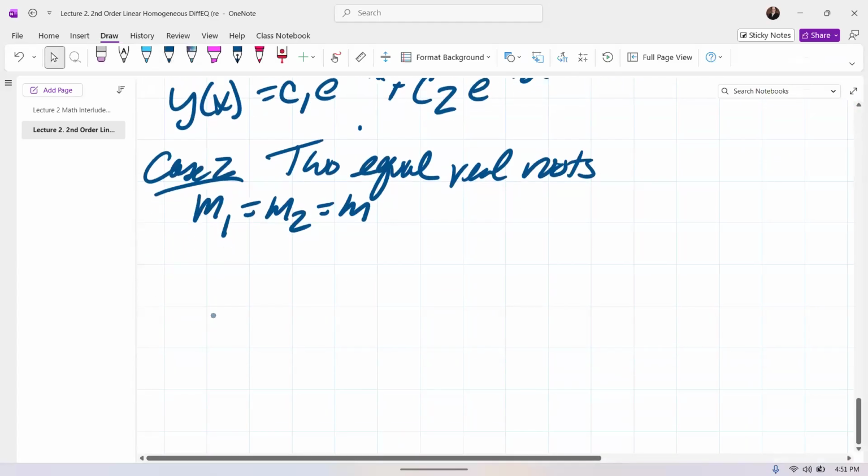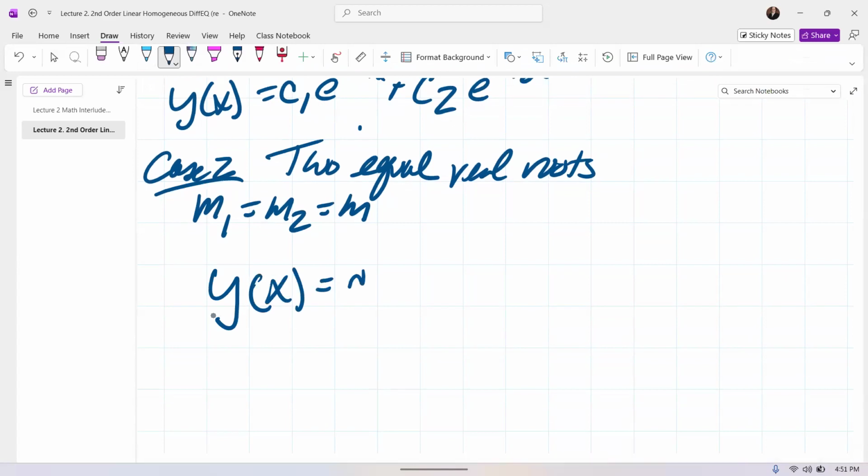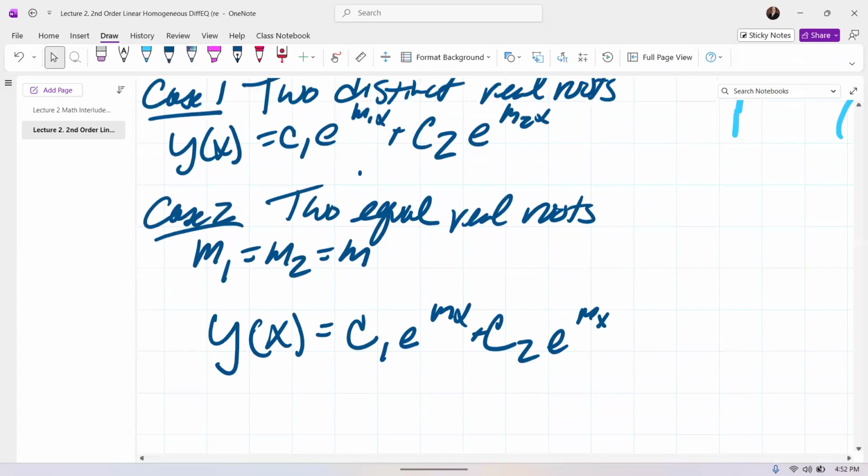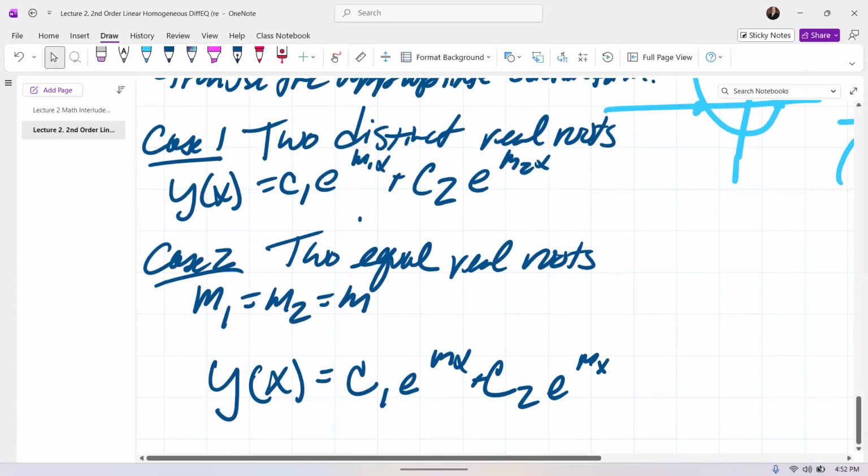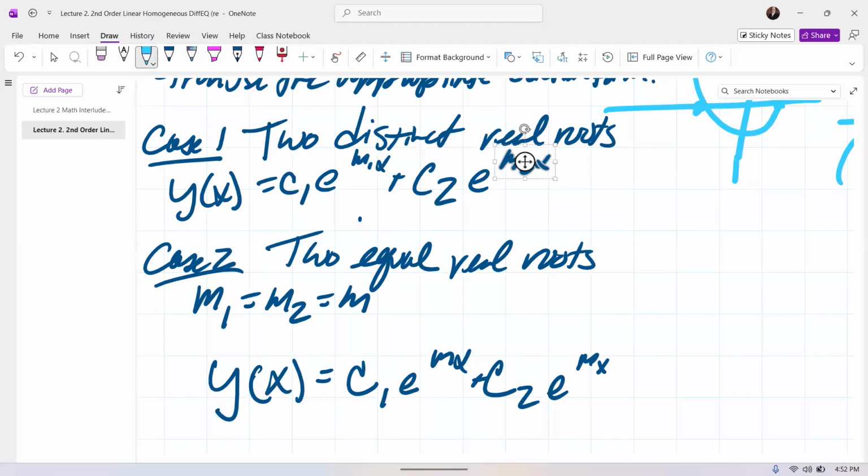So you will have y of x equals c1 e to the mx plus c2 e to the mx. In other words, the answer is almost exactly the same. It's just that when m1 and m2 are distinct they are different, but in this case the m's are not different and have the exact same value.